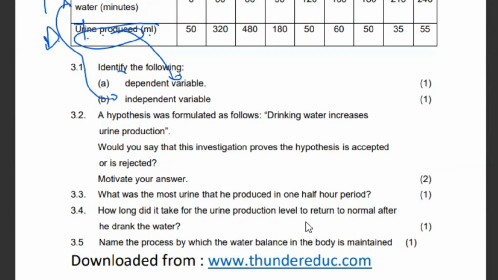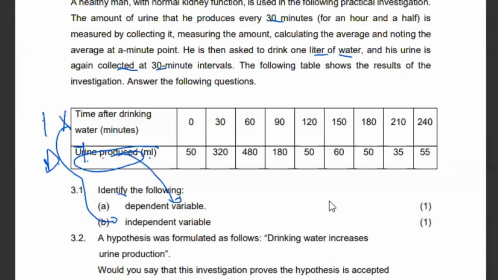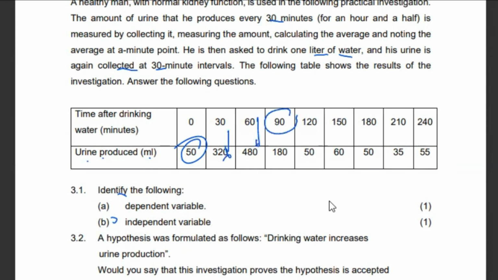The hypothesis was formulated as drinking water increases urine production. When this person was normal, before drinking water, it was producing 50 mils of urine. But after drinking water, it started to increase, and then at the 90th minute, it started to decrease. From 60 to 90 it decreased.